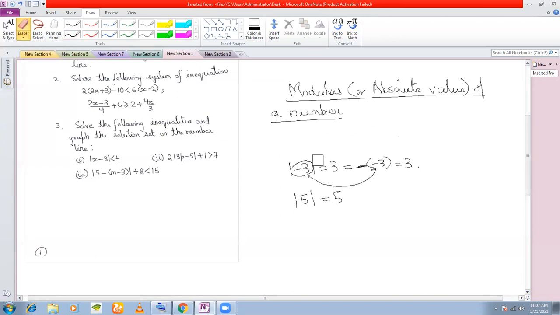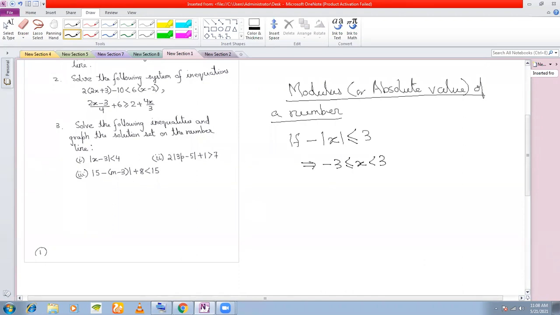Now, what do you mean by modulus in an equation or an inequation? Let's say inequation for that matter. Let us say that if mod x is less than or equal to 3, it means that x must lie between -3 and +3.